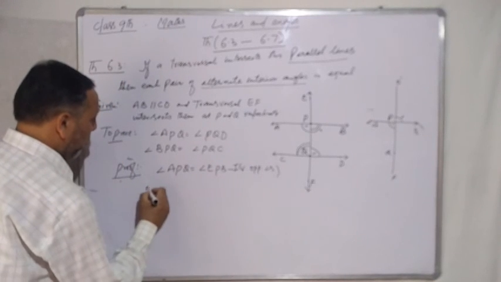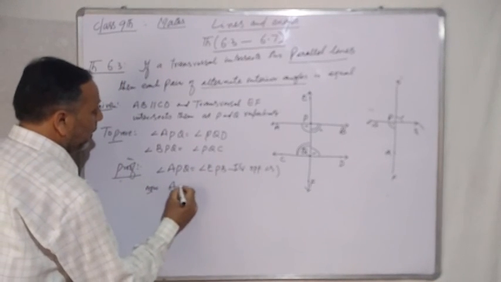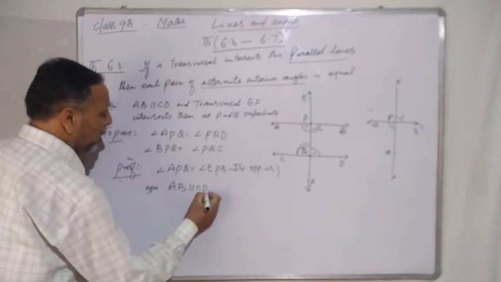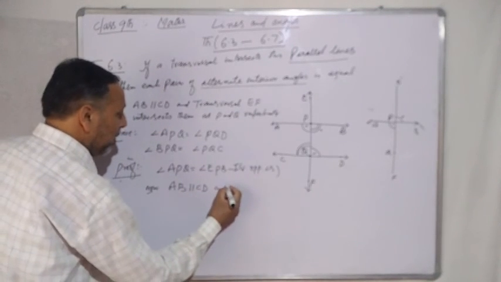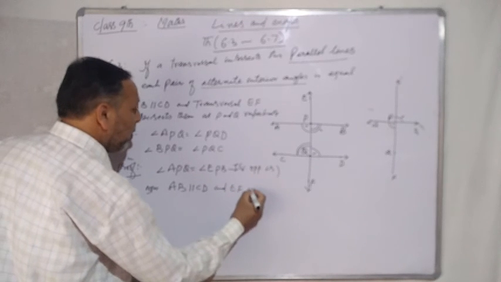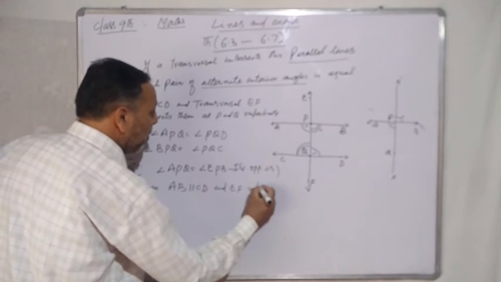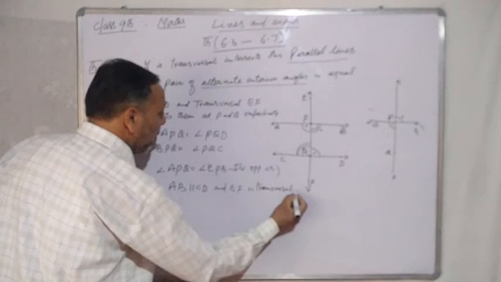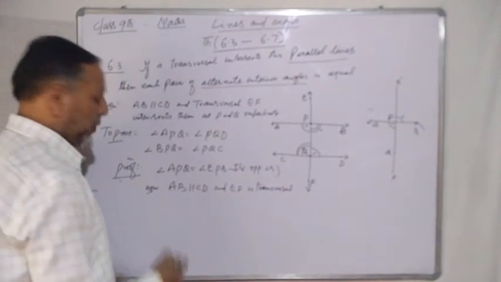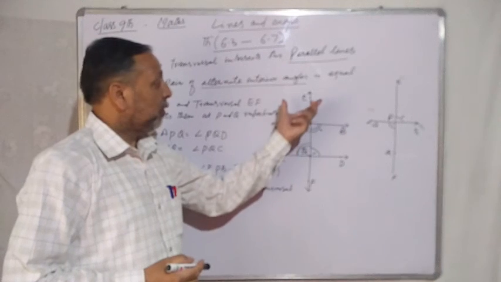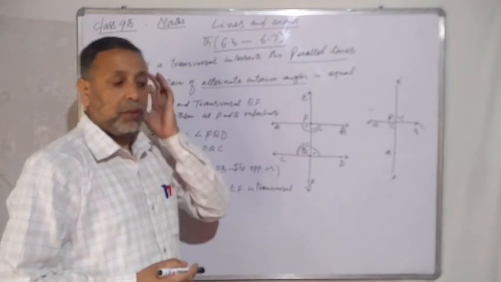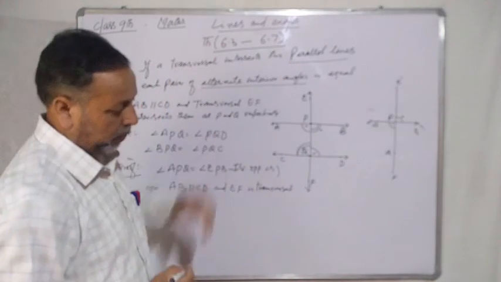Now, AB is parallel to CD and EF is transversal. Now, in the previous video, I have explained corresponding angle axiom.